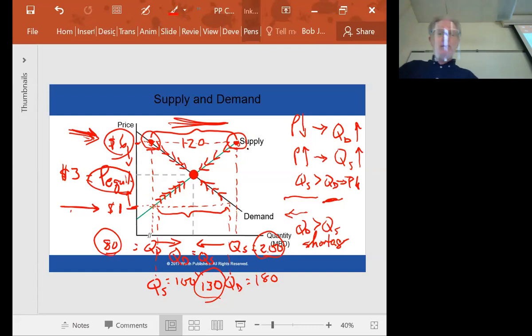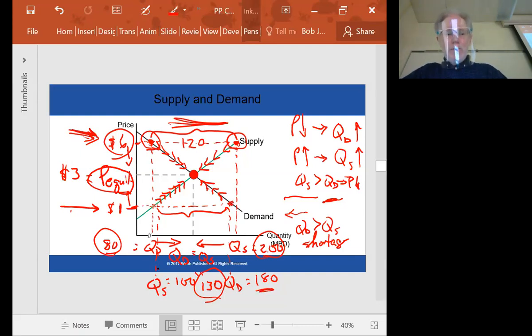Same thing would be true if you have a shortage. If the price is $1, are you in equilibrium? No. What do you have? You're going to have a shortage because the quantity demanded is greater than the quantity supplied. The shortage is that horizontal gap. And the amount is going to be, let's see, the quantity demanded, I believe I said was 180.